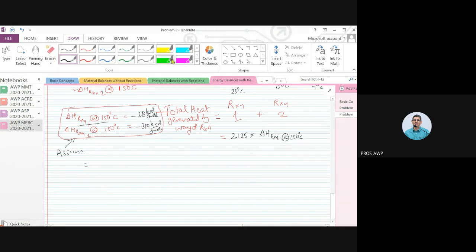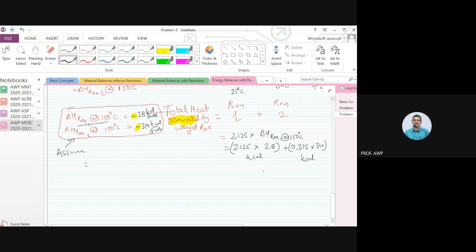So now this minus sign is just going to indicate that heat is generated. So I don't need to take that minus sign when I'm calculating the heat generated. It is just 2.125 multiplied by 28. This is in terms of kilocalories. And for the second reaction, 0.375 multiplied by 310, also in terms of kilocalories.